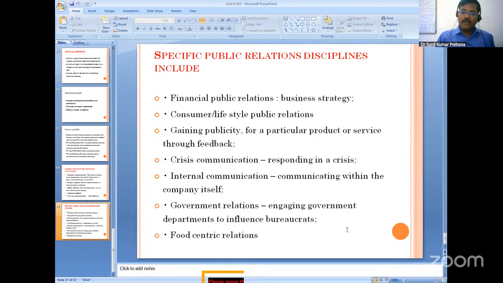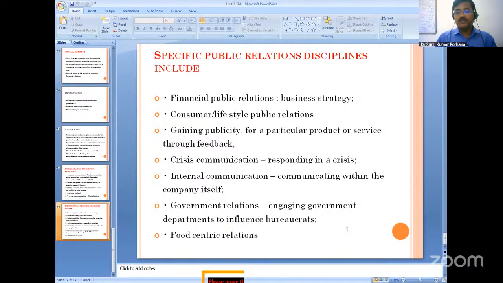That may be happening in some companies, but food being the only basis of relations is not good for the public relations practitioner. So we need to maintain some kind of relationship with the public and with media persons. So don't be focused on the food.